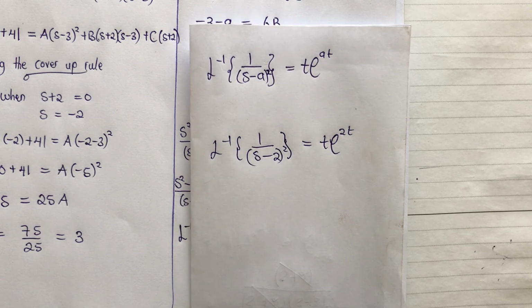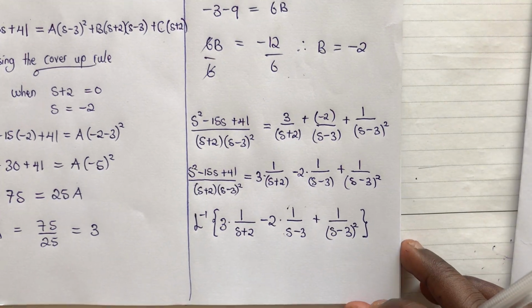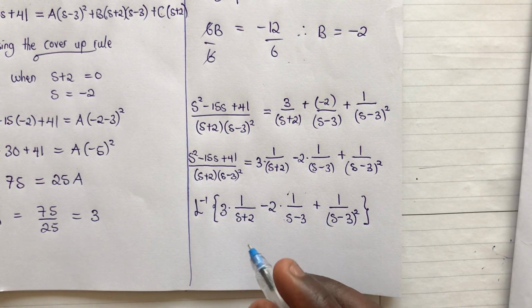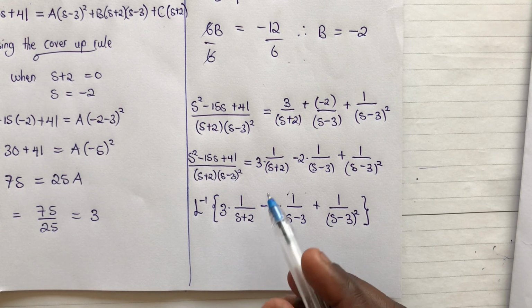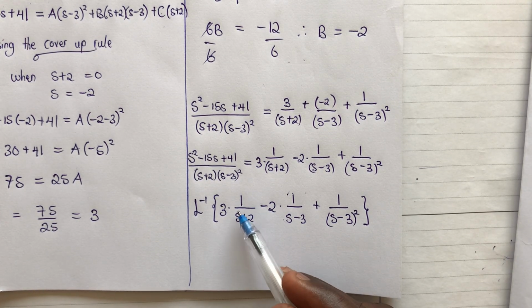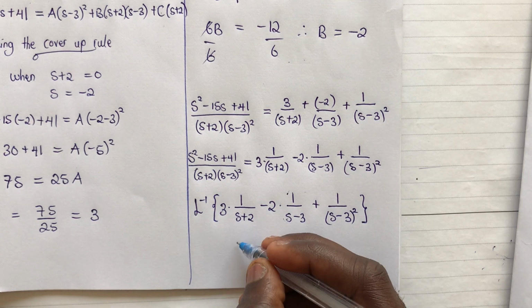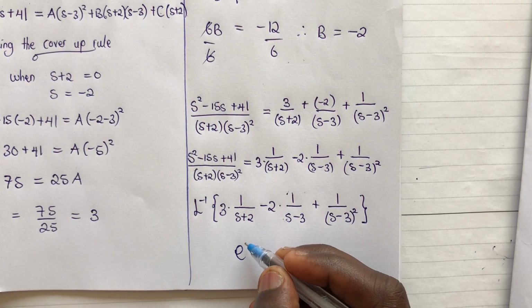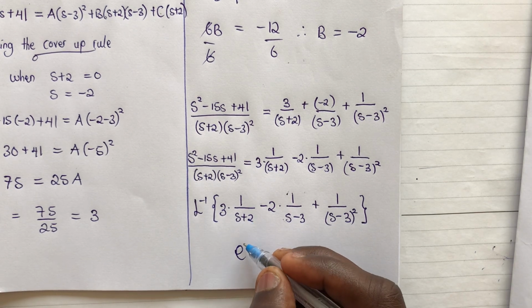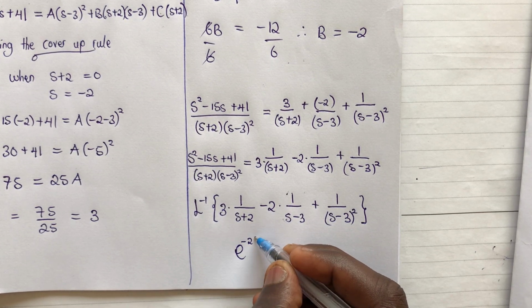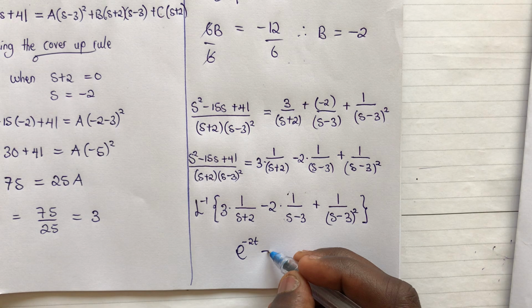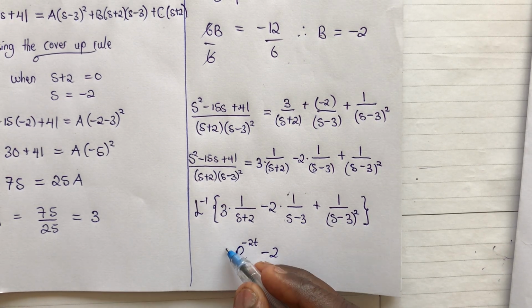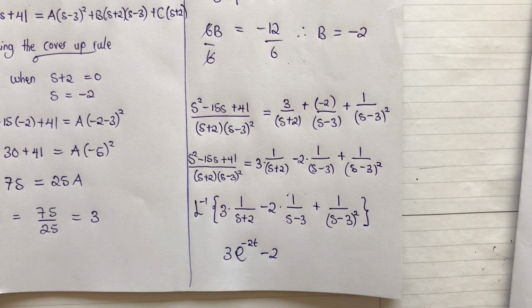All right, so let's now write the result for our answer. When we take the inverse of 1 over s plus 2, the result is giving us e to the power what? Minus 2t. If this side is plus, we have minus 2t. Then we have minus 2. This side you multiply by what? The 3.